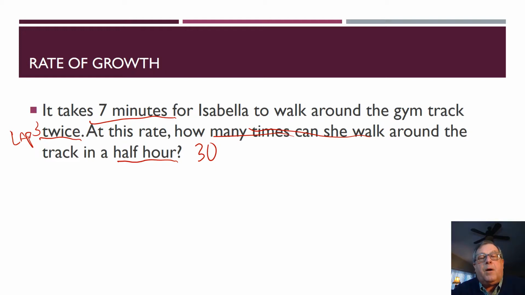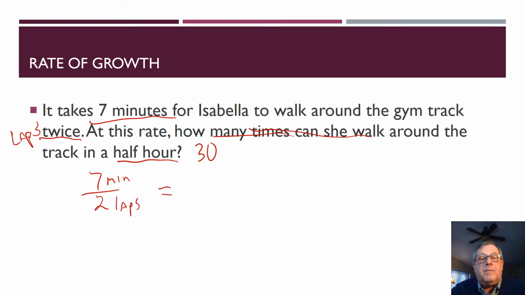So let's set up our ratio, our proportion, so we can solve. And what's important is that as we set this ratio up with the numerator and the denominator, we keep the same units of measurement. In other words, if I set this up as it takes 7 minutes to walk around the track twice, I've got minutes in the numerator and laps in the denominator.